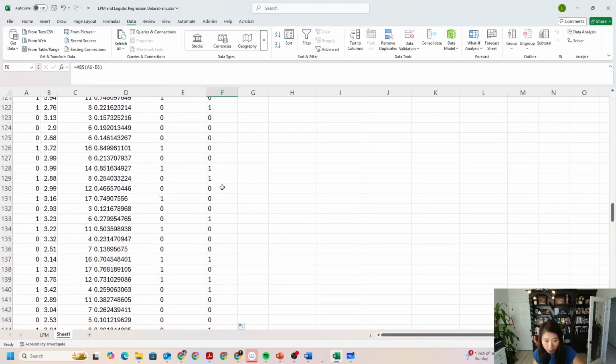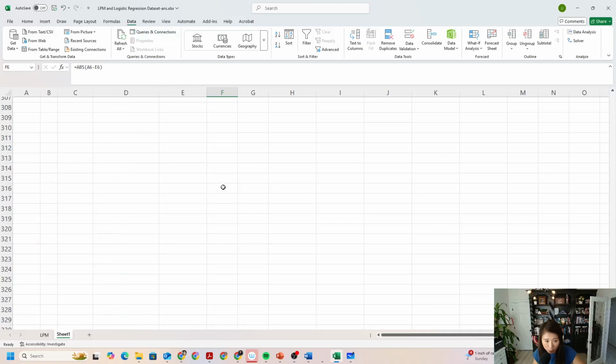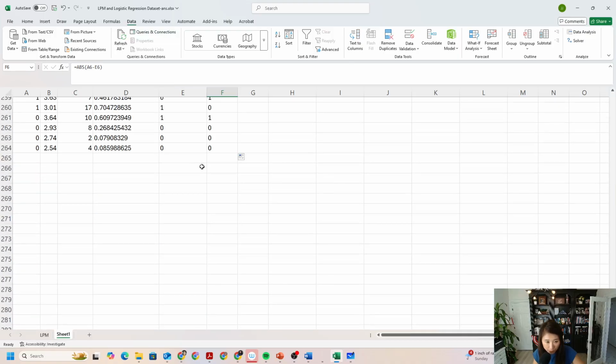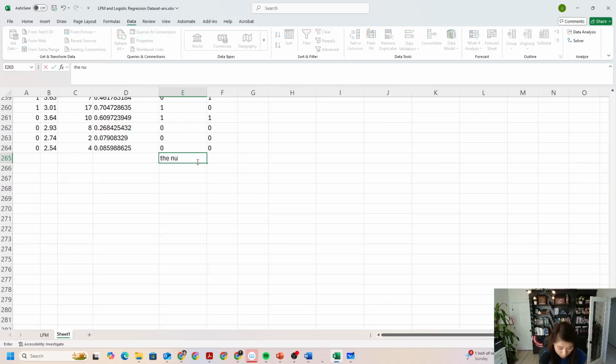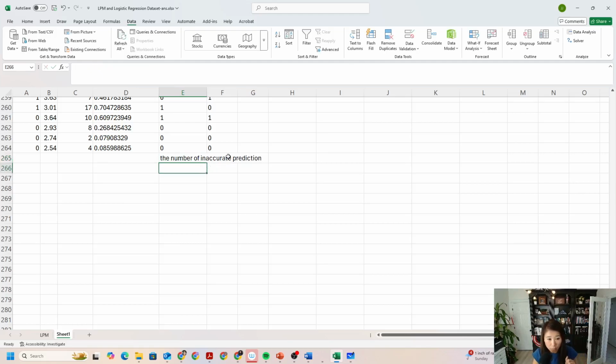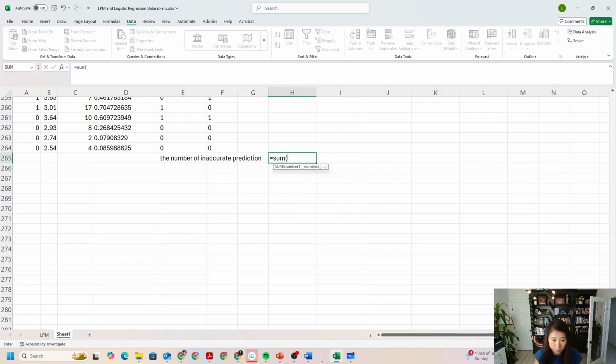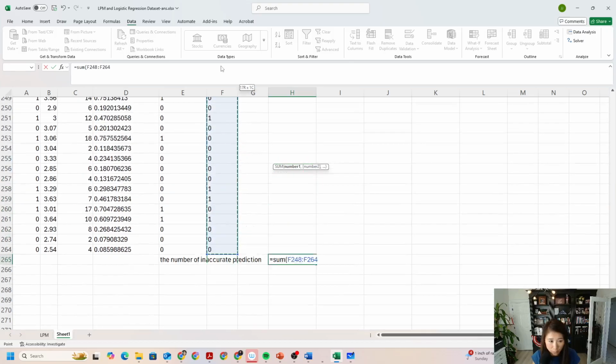Therefore, if I add all those 1s together, that will give me the number of inaccurate predictions. Okay, so if I want to know the number of inaccurate predictions, I just need to sum all these ones together.